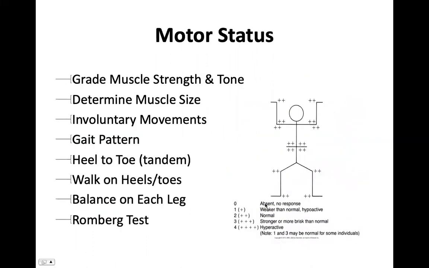Motor status: you want to grade the muscle strength and tone. You want to look at the muscle size. You want to see if there's any involuntary movements, so those are tics or tremors. I had a patient who came in, and her mother was my patient, and she ended up coming to me as her primary care provider after her mother died. She said, I have these shaky hands sometimes. We looked into it, and it was involuntary shaking of her upper extremities, and it was at rest.